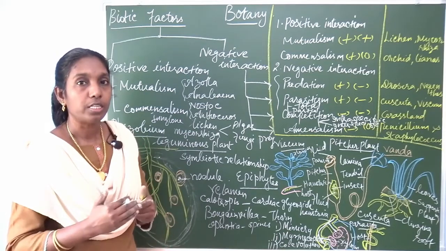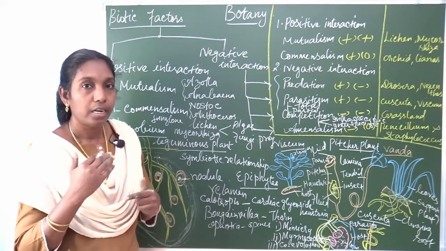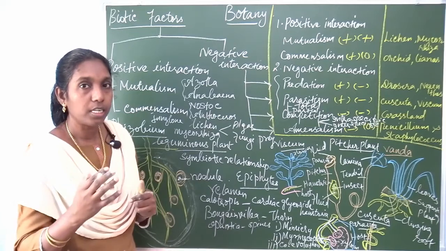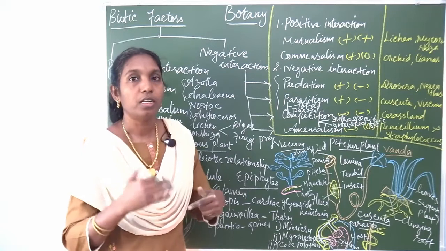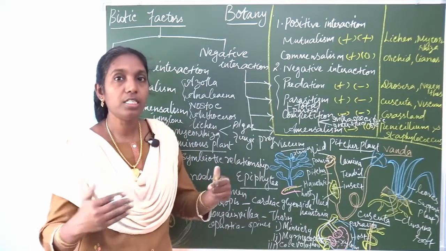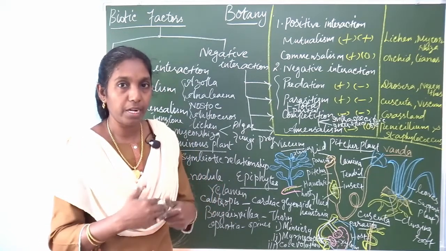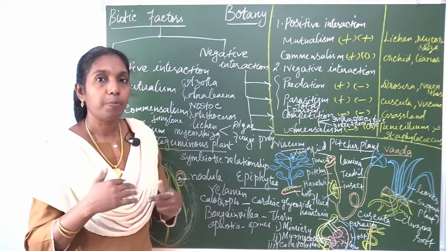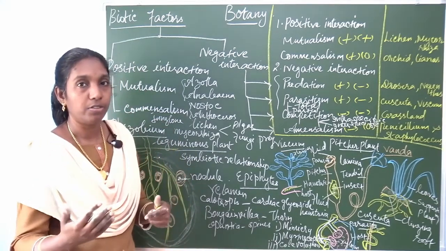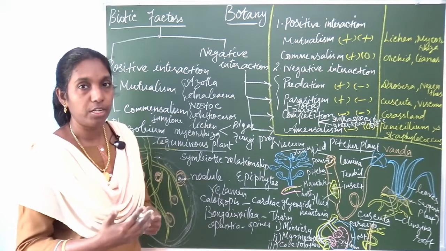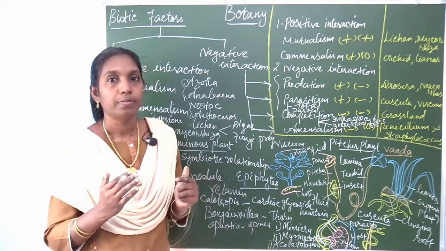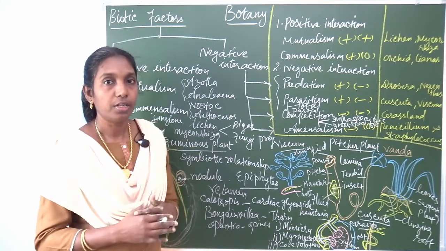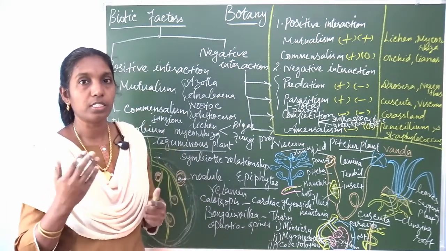Another one is co-evolution, a relationship between organisms and plants. Generation after generation, when these organisms are mutually benefited, it leads to evolution. What are the examples? The length of the corolla. The corolla is the second whorl of the flower. There are four whorls: calyx, corolla, androecium, gynoecium.